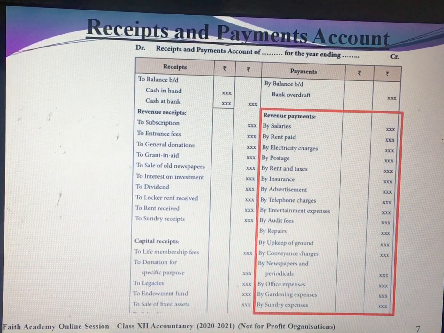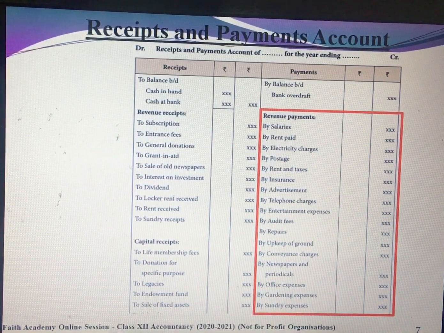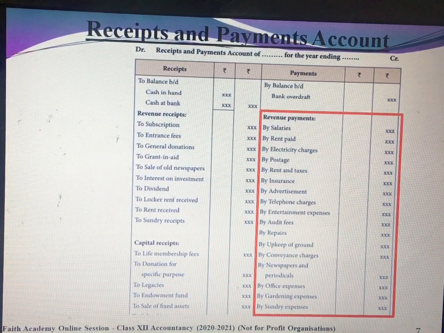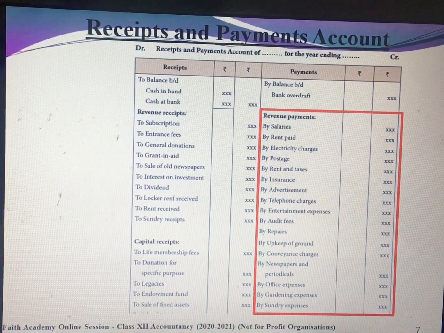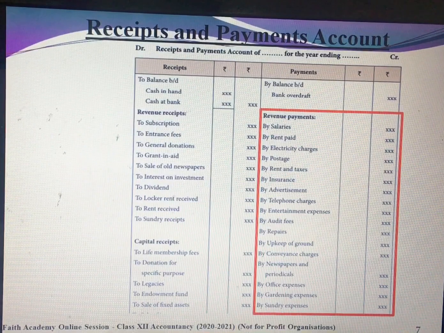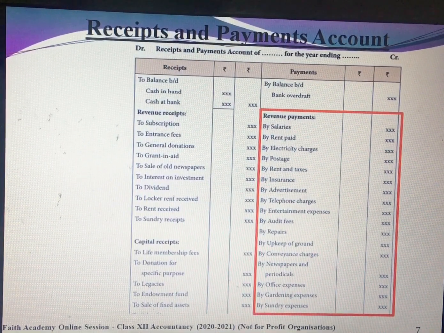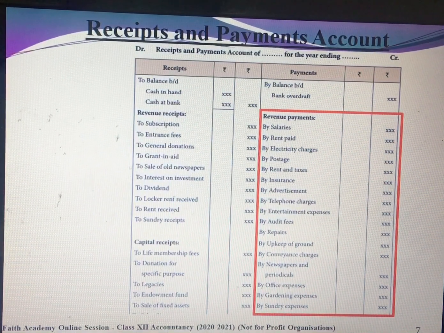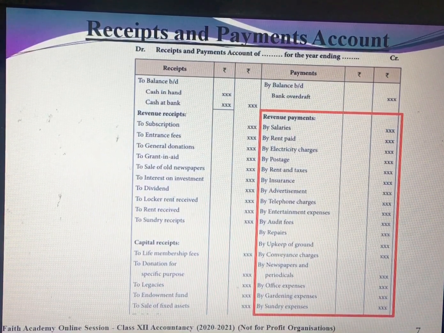But these are then pertaining to the not for profit organization, so we'll have upkeep of the ground if the motive of the not for profit organization is to promote sports, if it's to promote culture, or if it's to promote any literary language, then definitely they'll be having their recurring expenses of their types.